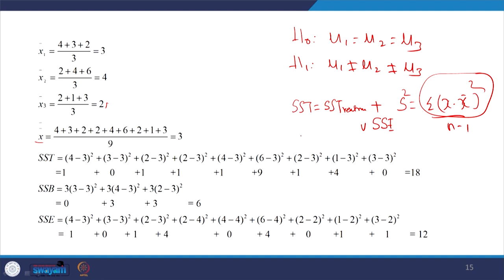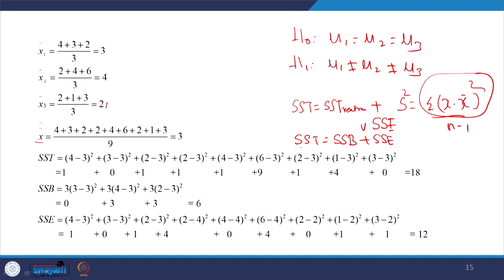So, I am writing SST equals total sum of square equals, sometimes they write B for between columns, SSB plus SSE. Obviously, if the variance due to treatment, that is SSB, is dominating, we can say that the teaching methodology is an influencing variable.